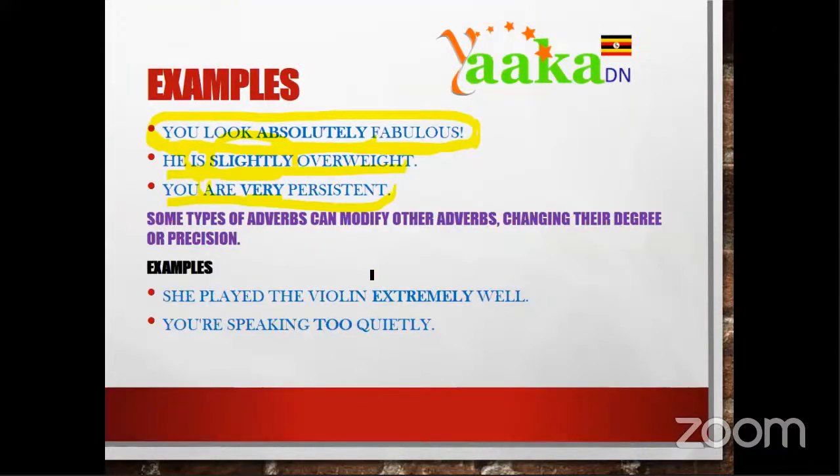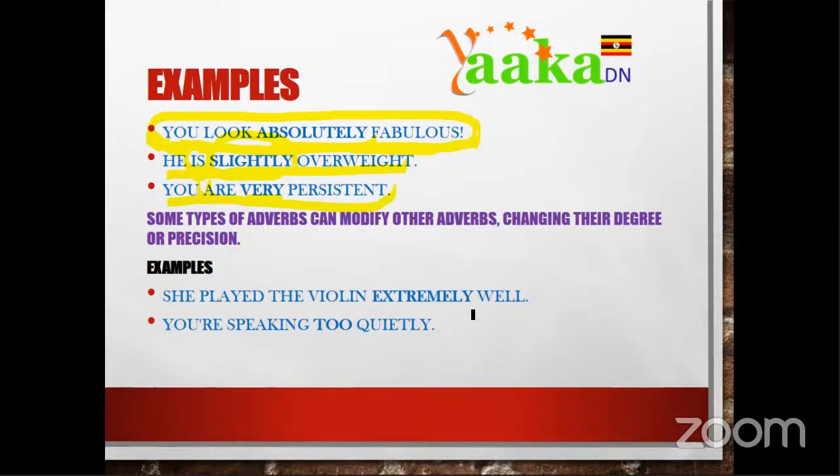I read this note. Sometimes some types of adverbs can modify other adverbs, changing their degree or precision. We have an example here. She played the violin extremely very well.